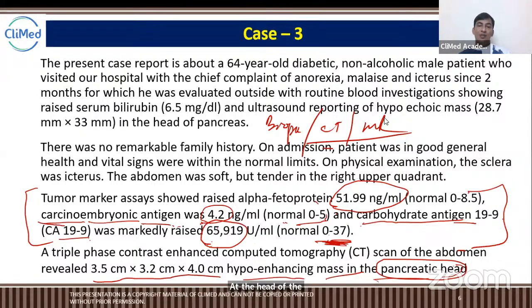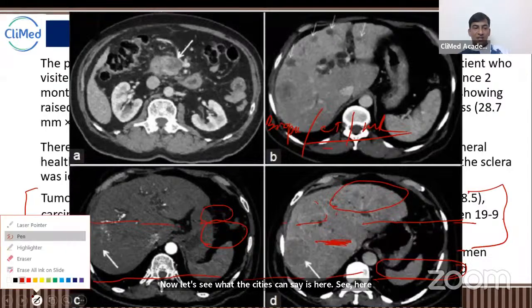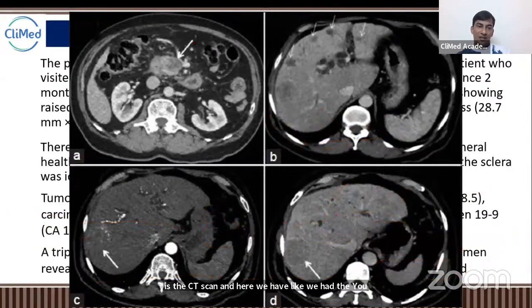Now let's see what the CT scan says. Here is the CT scan, and here we have the images which are already given. This is actually the mass at the head. Sorry, not this. In this case there were multiple nodules.